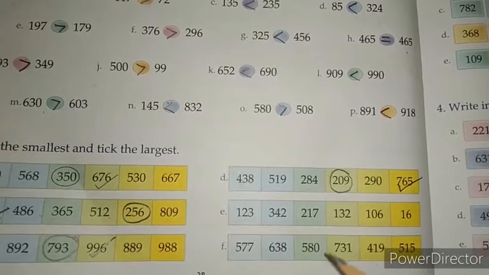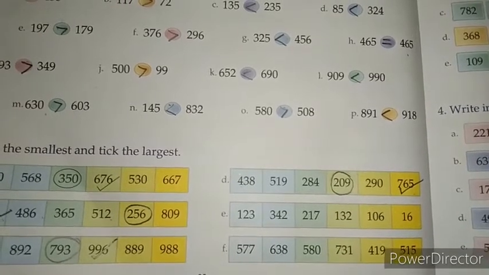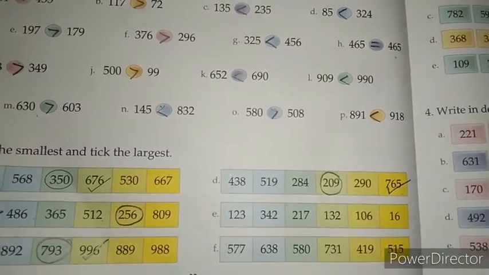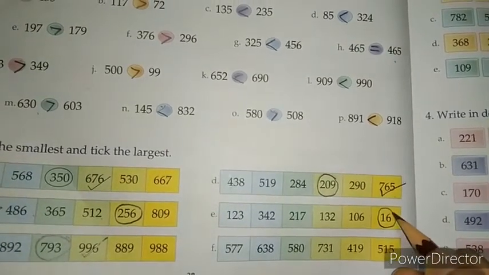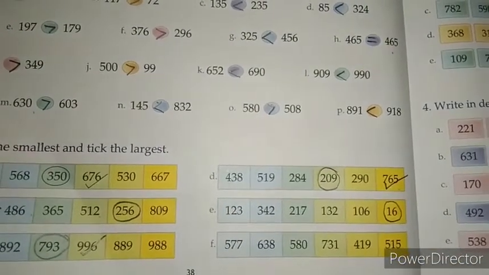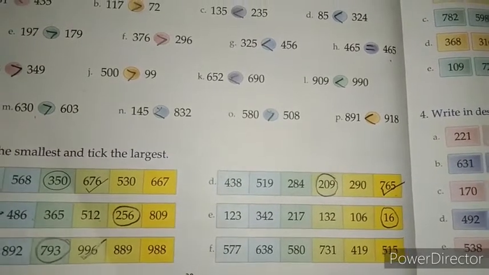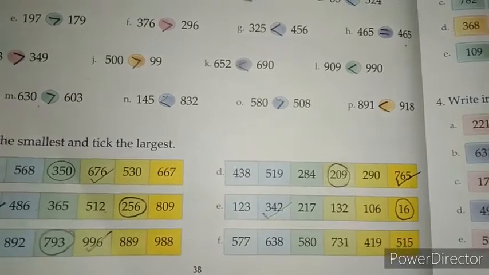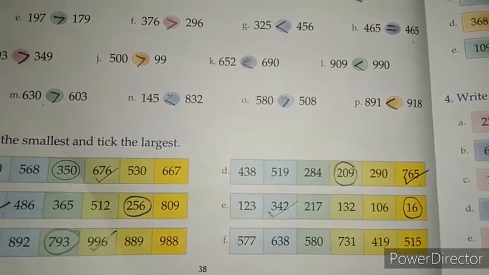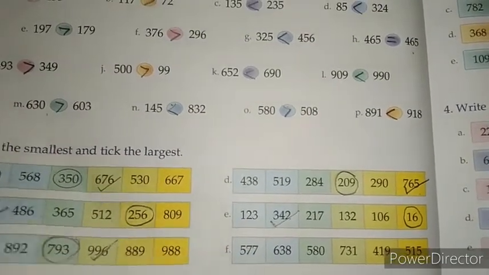So students, which is the smallest number? Yes, 16. And which is the largest number? Yes, 342. So tick this. Okay, understood all of you? How will you do this question?